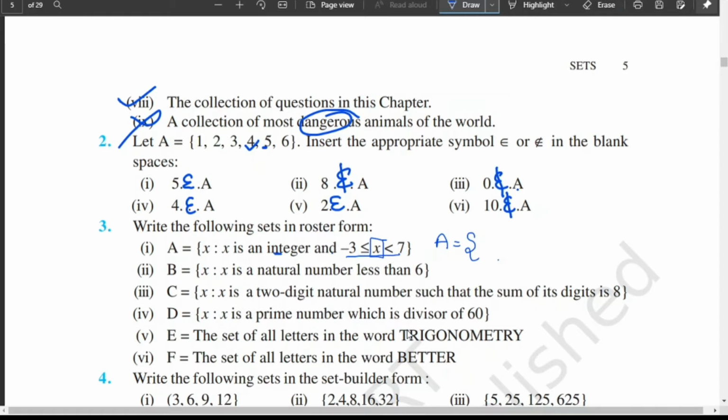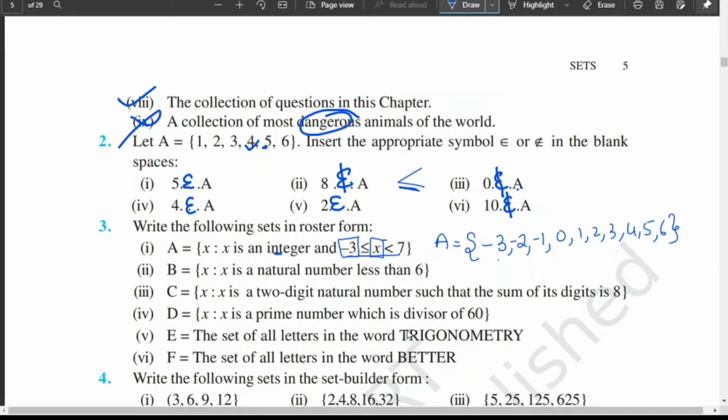See this sign, when you write equal to, you will take this number as well. So we will start with -3, -2, -1, 0, then 1, 2, 3, 4, 5, 6. Should I write 7? No, because it is less than 7, not less than or equal to 7. Don't take it. This is your set.